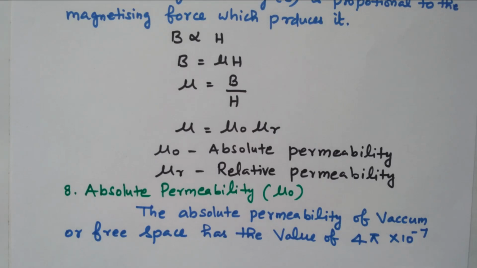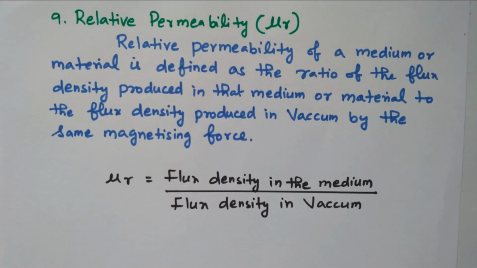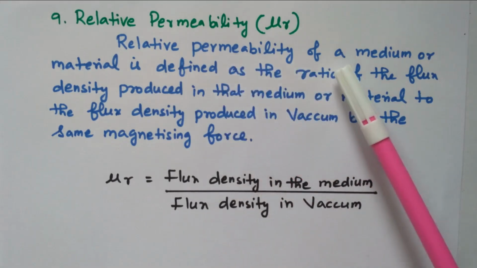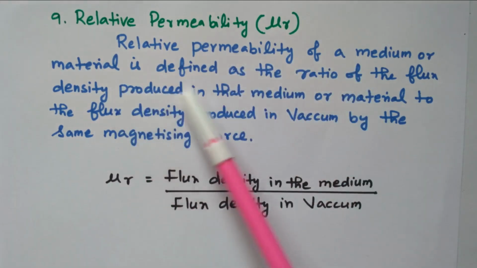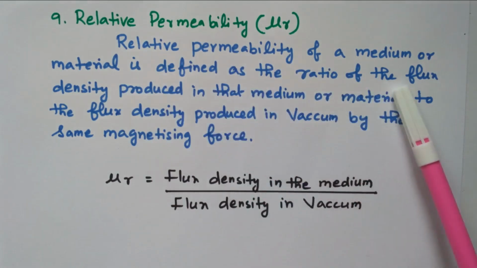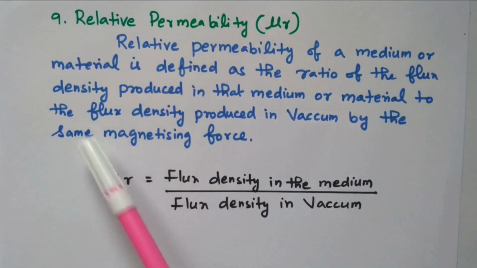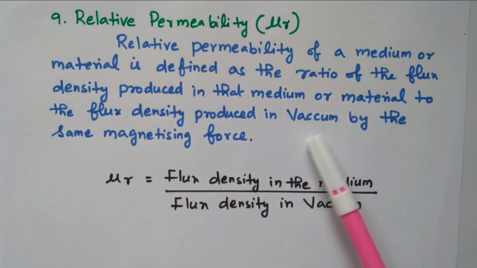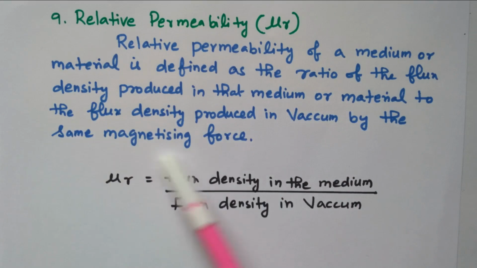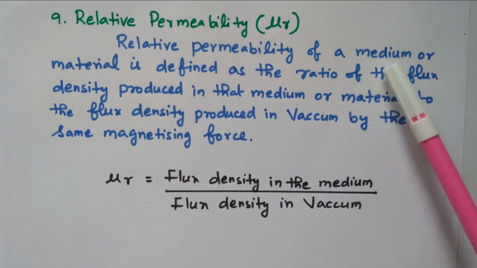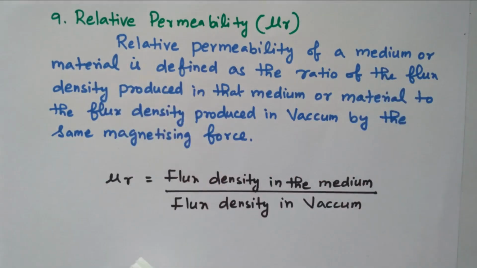Now we will go to the relative permeability. The relative permeability of a medium or material is defined as the ratio of flux density produced in that medium or material to the flux density produced in vacuum by the same magnetizing force. So it depends upon the medium or material.